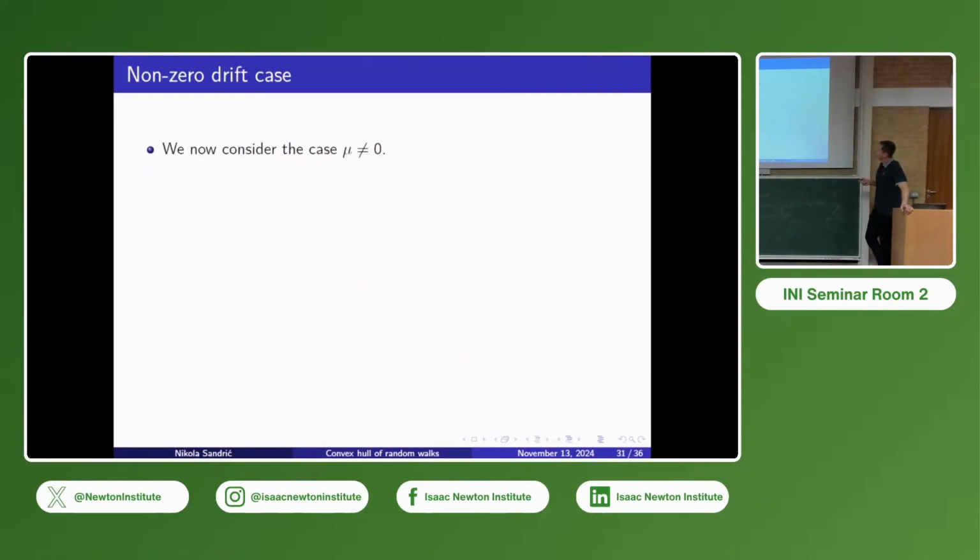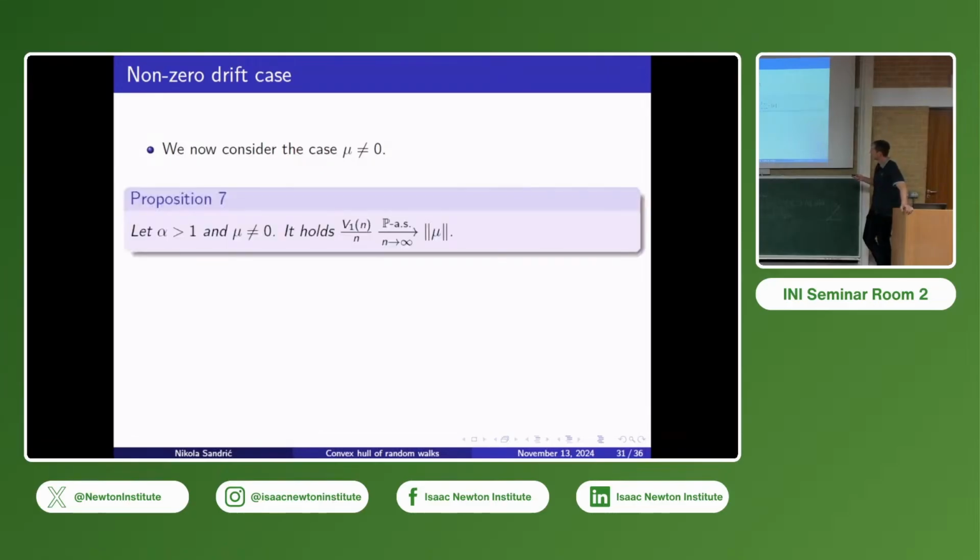Again, the case when drift is not 0 is the harder thing, and we can do fewer things explicitly. So first of all, also in this case, we have a strong law of large numbers. So V1 scales with n, and it converges almost surely to the length of the drift.